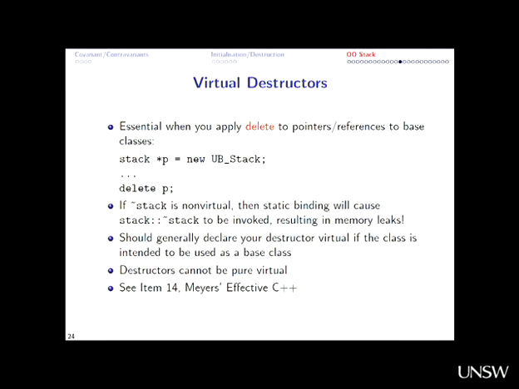But what's actually happening is this destructor here. Let me put an implementation in, a cout, hello. Let me put that into there, and let me put this into it. Let's just do a new UBStack.